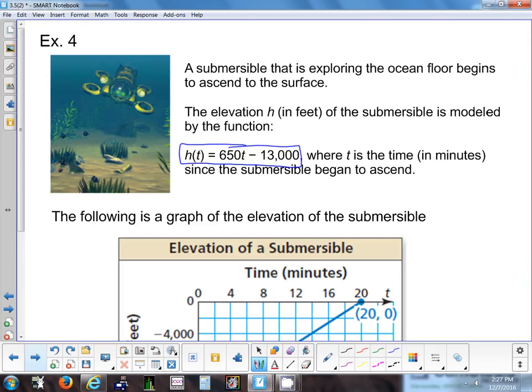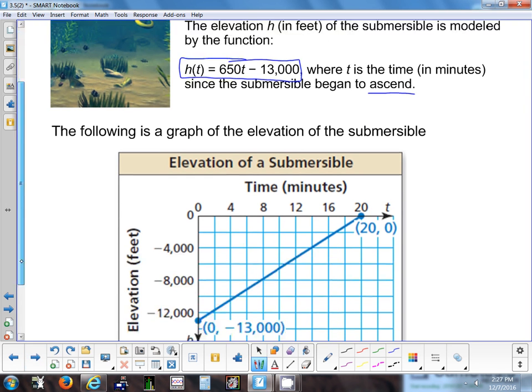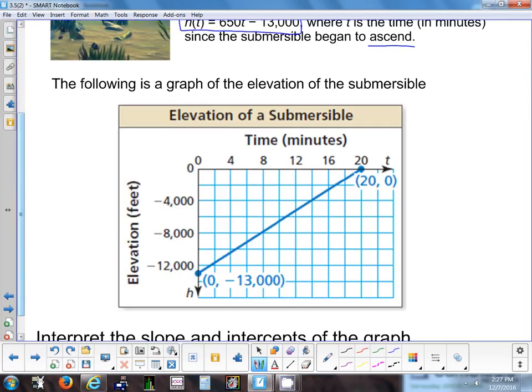Any questions on that? Now, the submarine is starting to ascend. What does that mean? If it's on the ocean floor and it's starting to ascend, it's starting to go up. So what they've done for us, they've drawn a graph of the submarine going up to the surface.